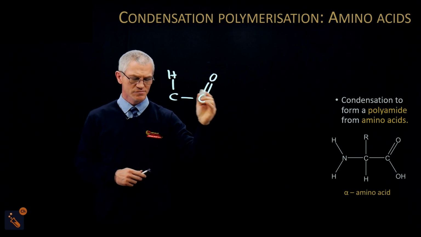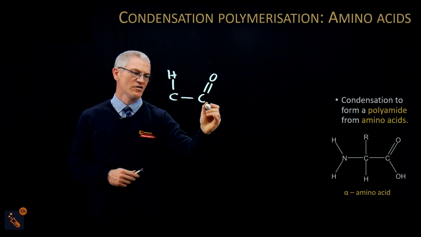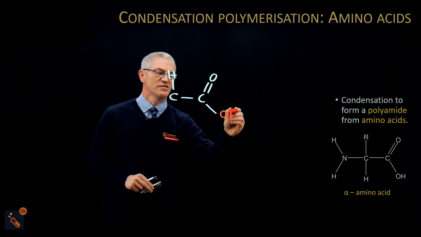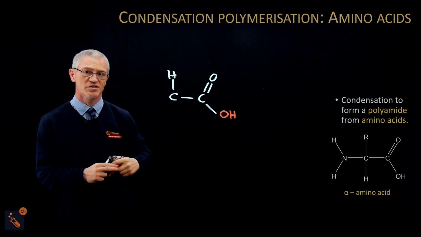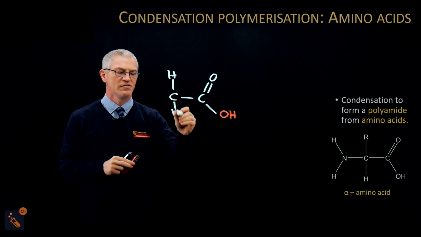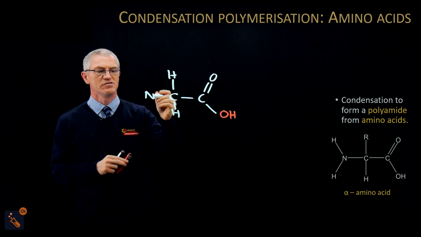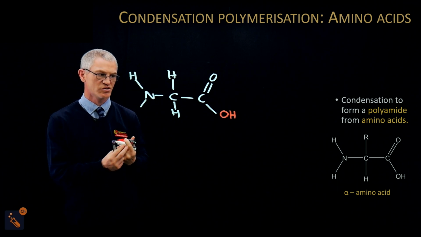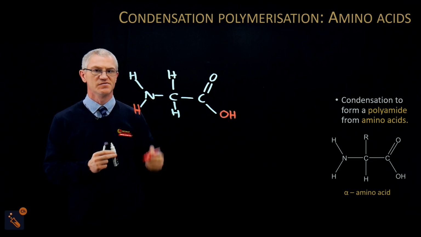Now, when it comes to the carboxylic acid, it is the OH in the carboxylic acid that leaves, so I'm going to draw it in red. Okay, and then let's draw the rest. There's your H, and then one of the H's also leaves with it.